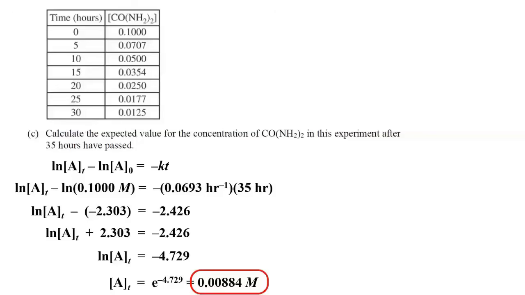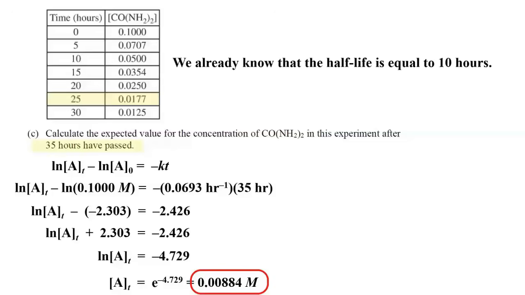Here is another way to get that same answer, or approximately the same answer, by using your knowledge of half-life. At 25 hours, the concentration of the reactant is 0.0177. And we're trying to figure out the concentration at 35 hours. If you remember that the half-life is 10 hours, and we already know that, then 25 plus 10 is 35.